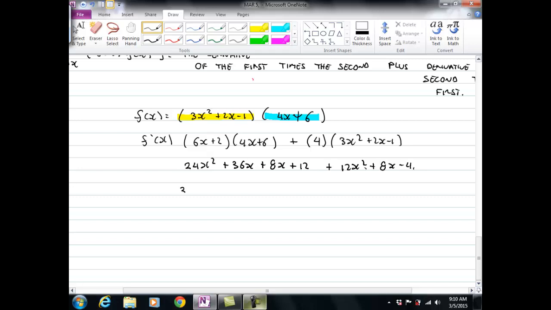So I see 36x squared. This is gone. That's 36 plus 8 is 44. That's 52x plus 8. Did I make a boo-boo? Nope. So therefore, f prime of x equals to that.